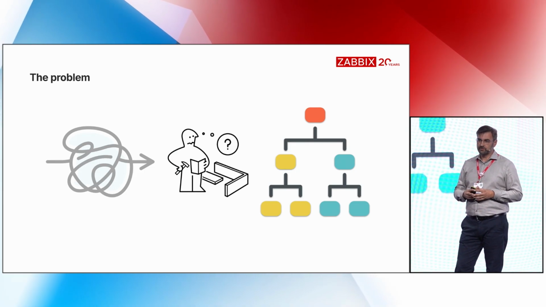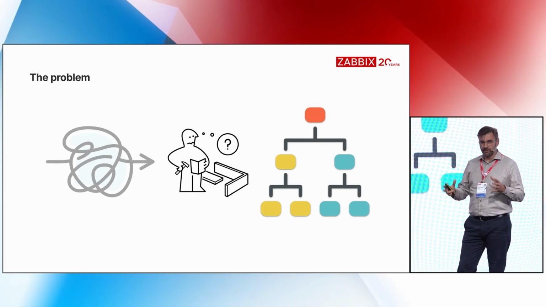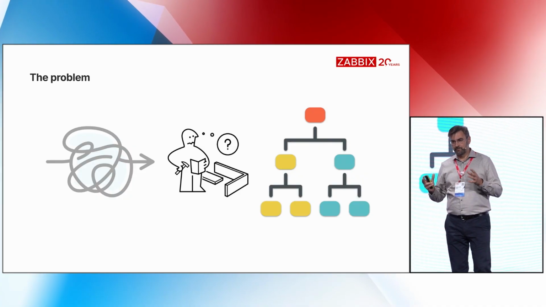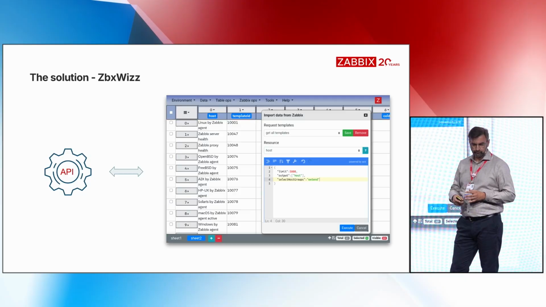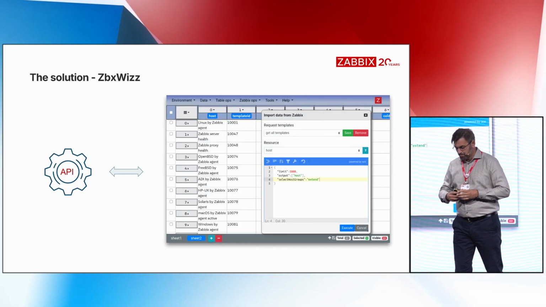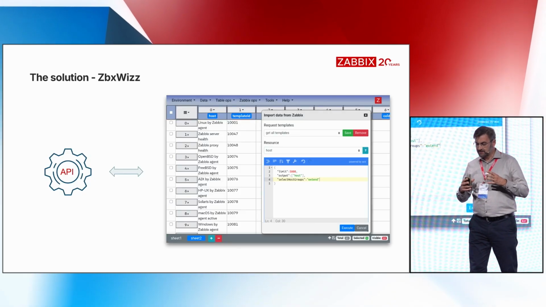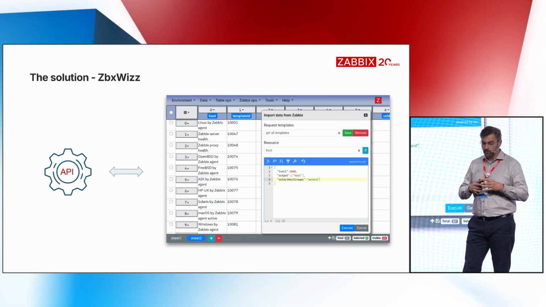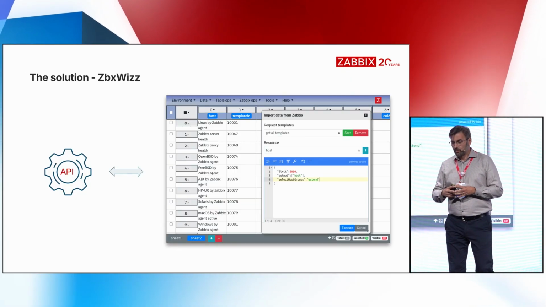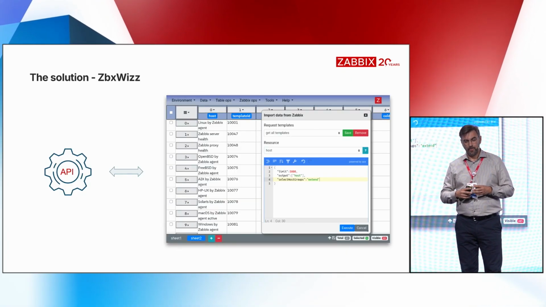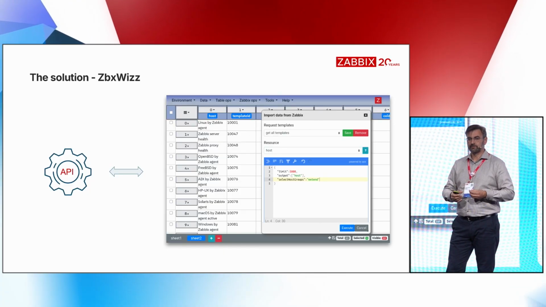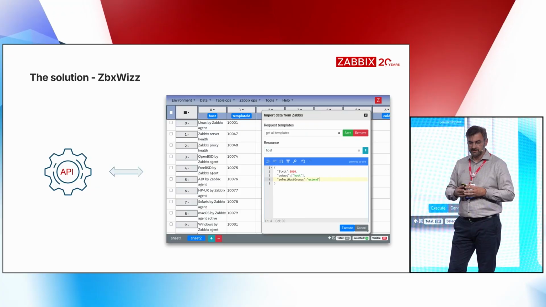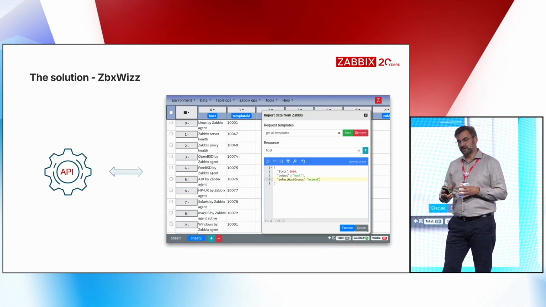ZbxWizz is a tool which simplifies the workflow by bringing together data management, visualization and the power of JavaScript. It's a web-based tool which presents itself as a spreadsheet editor where you can load data from Zabbix directly or import it from external files.